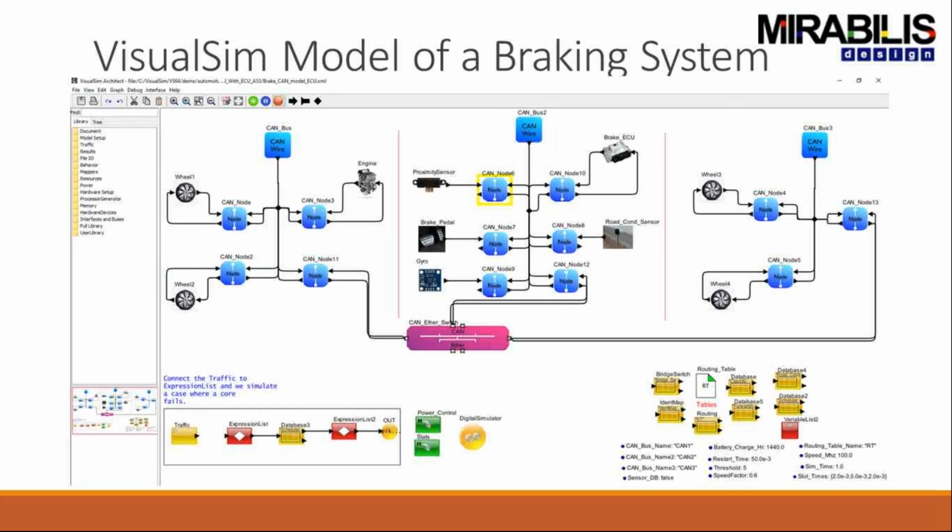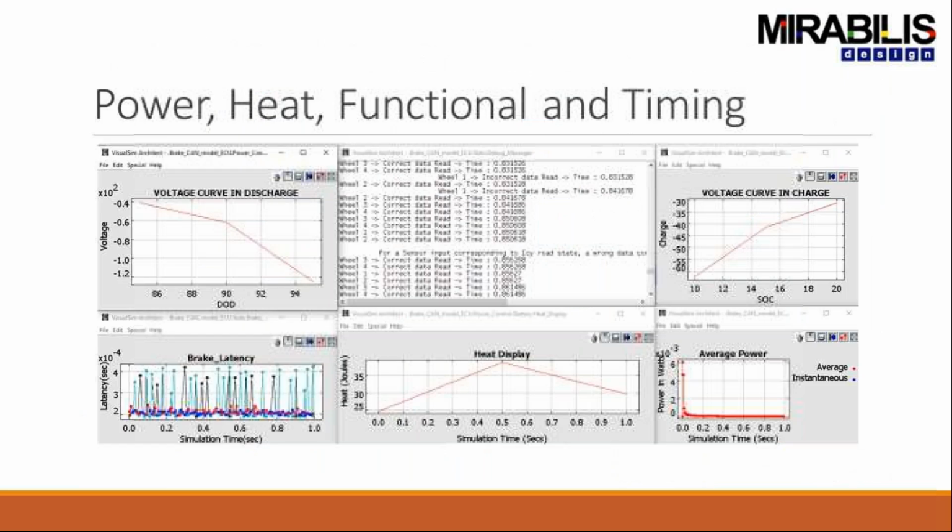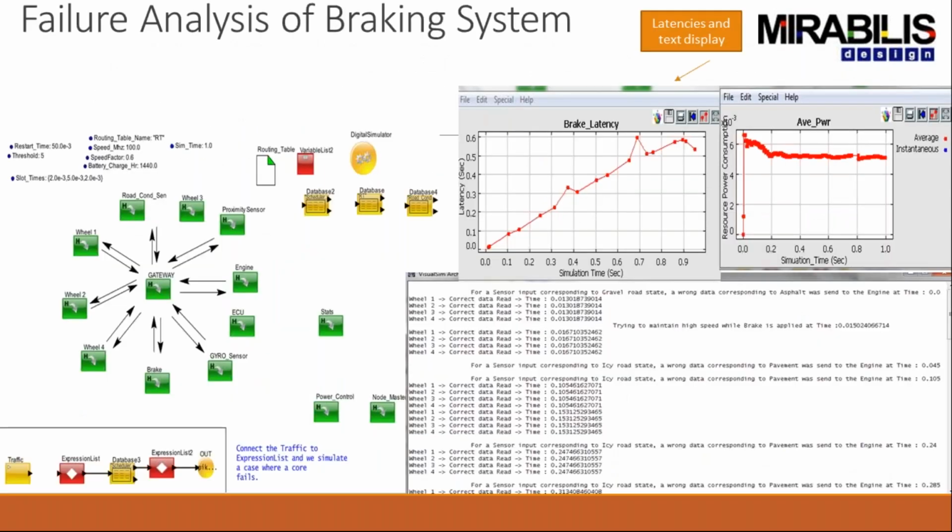We showed these results, and moving on, this is another use case for the braking system. The earlier one had a CAN network with three different CAN buses, and the data was going from one CAN network to another via a switch.